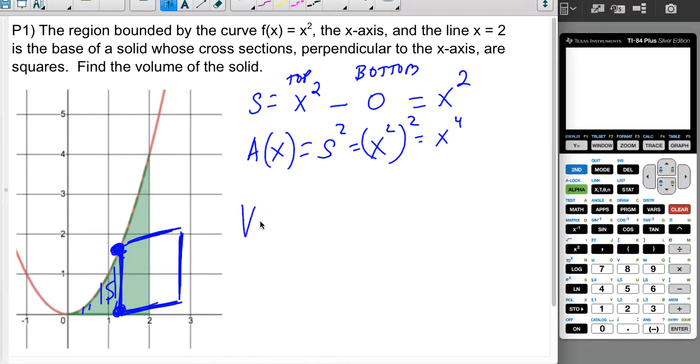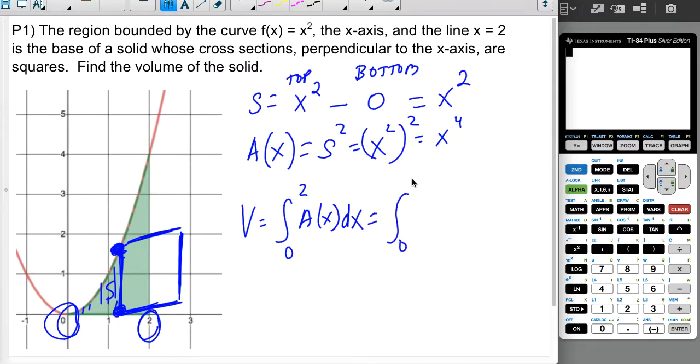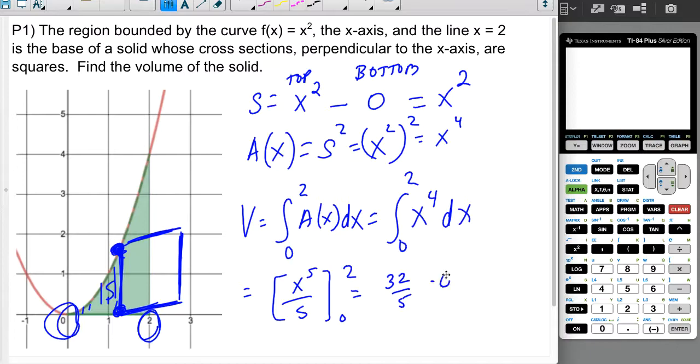So my volume is going to be the integral from 0 to 2, because the first plate is at 0 and the last plate is at 2, of whatever that A of x is. In this case, that's the integral of x to the 4th. I'm going to get that this volume is x to the 5th over 5, evaluated from 0 to 2, which is 32 fifths minus 0, or just 32 fifths.